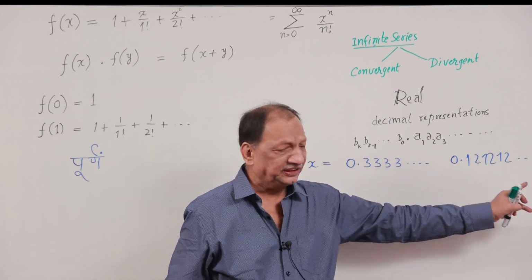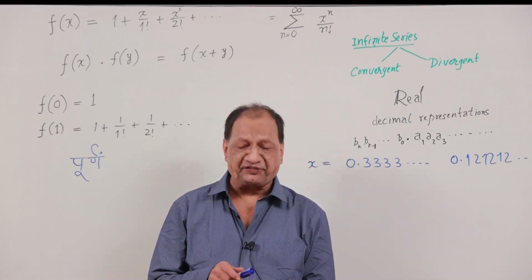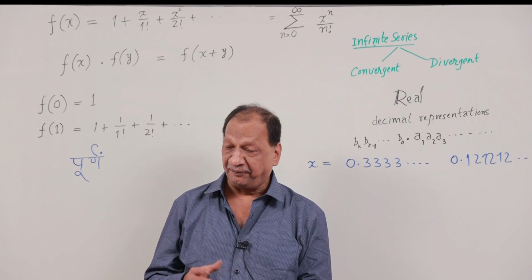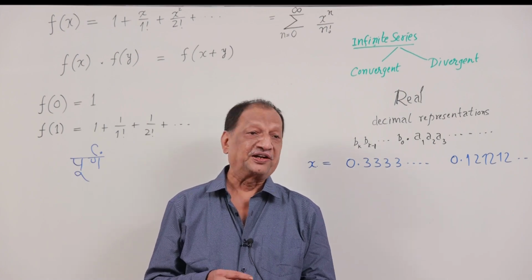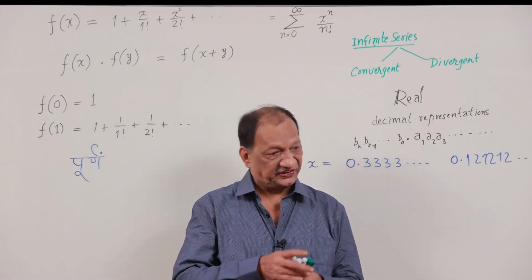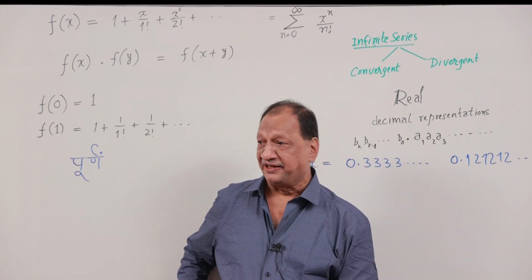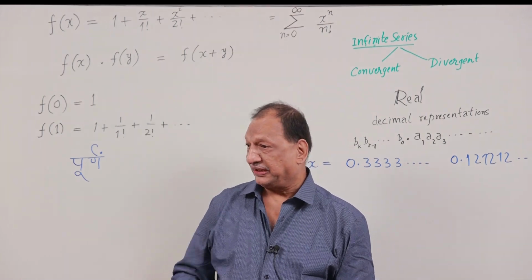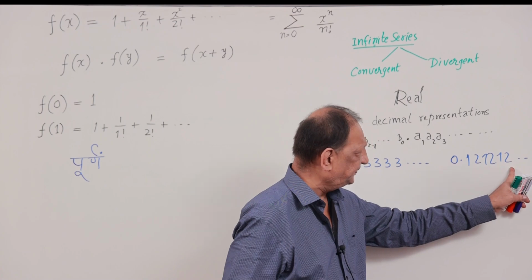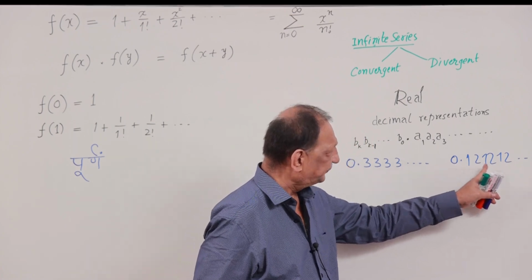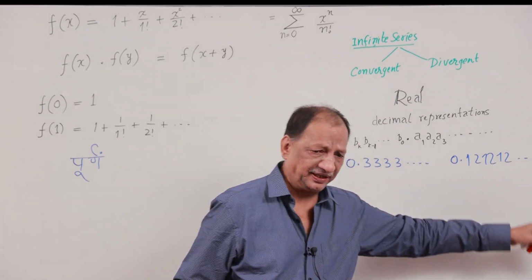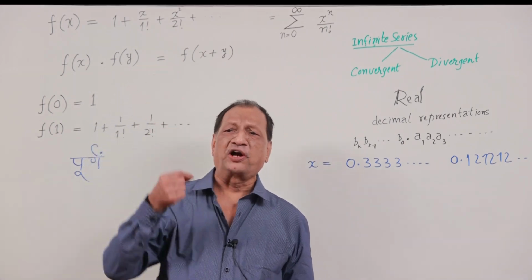But then this infinite number of decimal digits itself can be used as a construction for real numbers, just like we use points on a line to construct the real numbers. Each of these numbers, whatever you construct, can always be represented as a point on the real line.